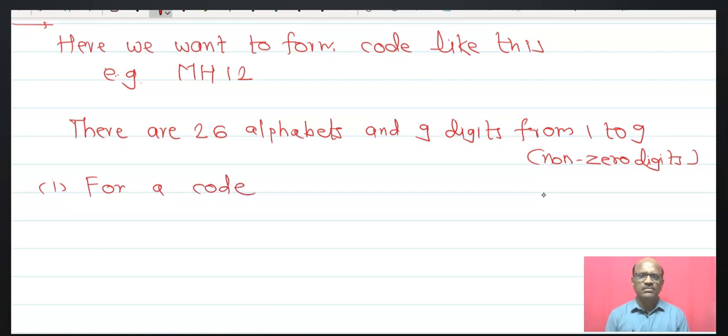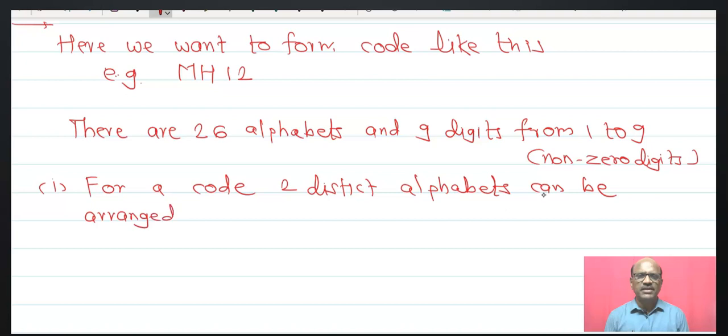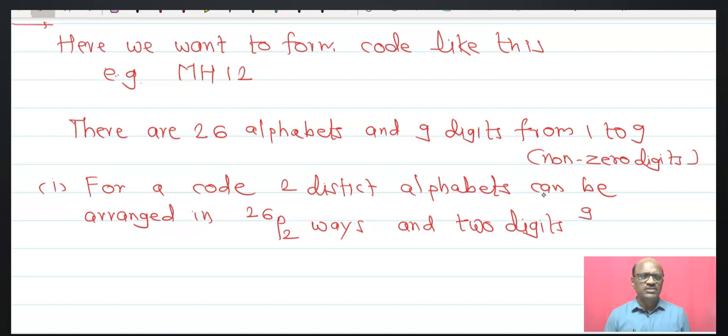For a code, two distinct alphabets can be arranged in 26P2 ways and two digits, that is 9P2 ways.